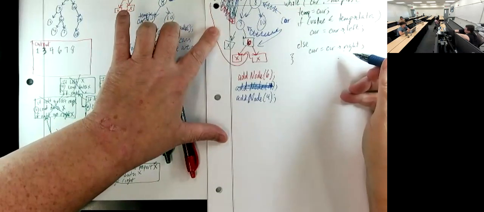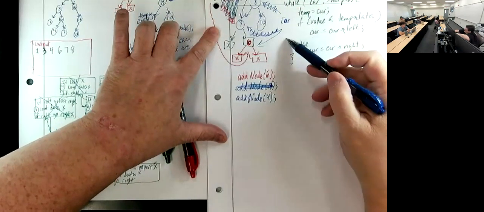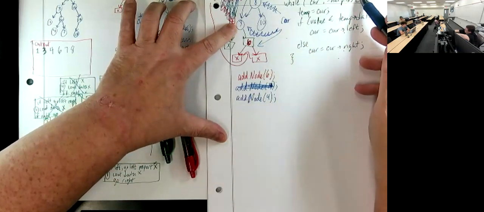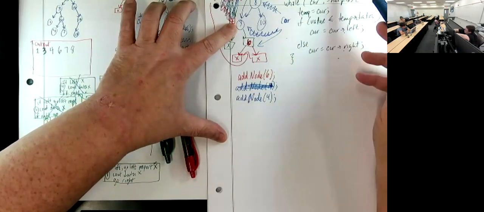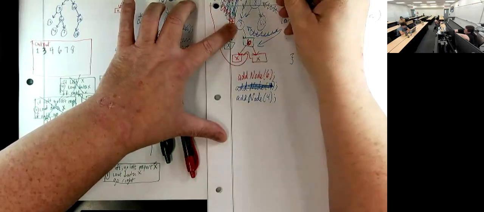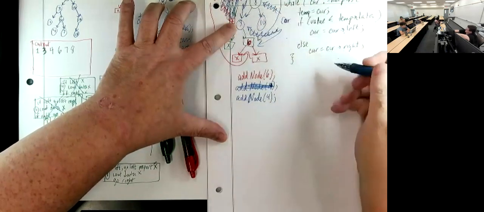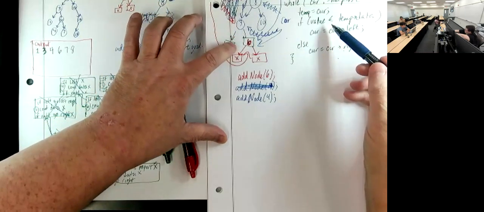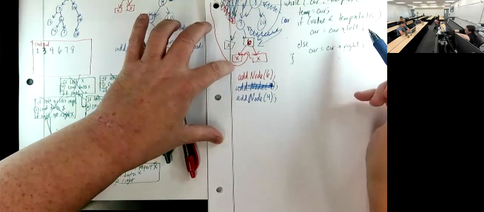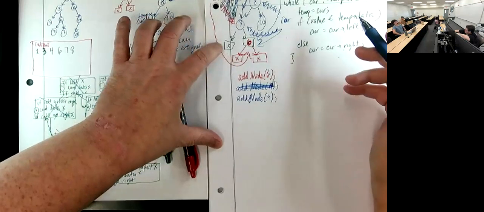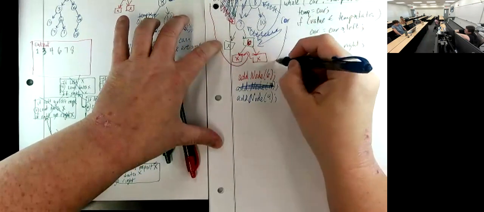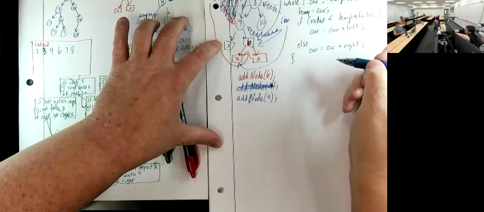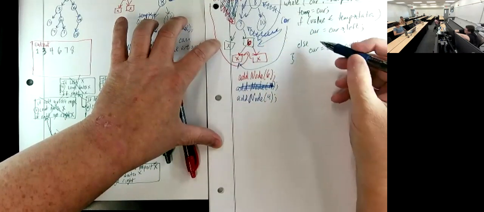So the second loop of the while loop ends. Current is at 6, temp is at 3. Current is still not a null pointer, so temp joins current at 6. And we check 4. 4 is less than 6, so current jumps over here. That ends the loop.